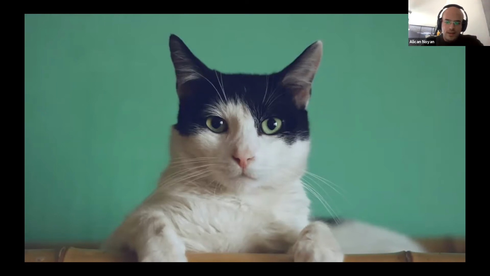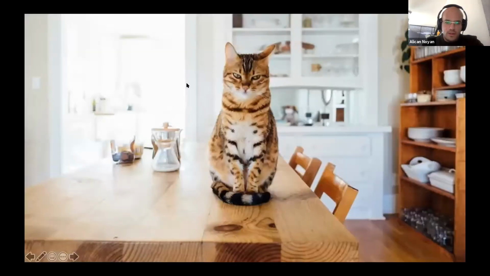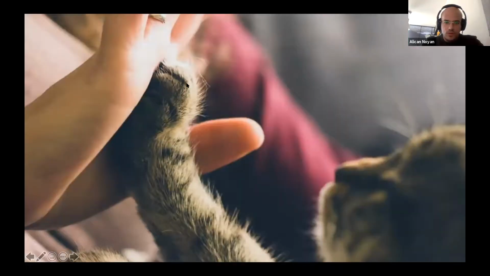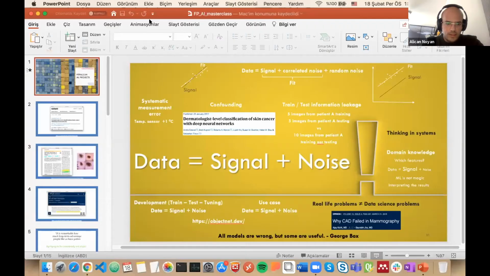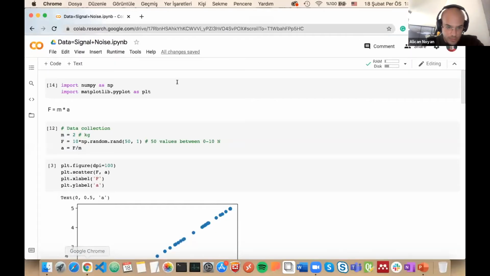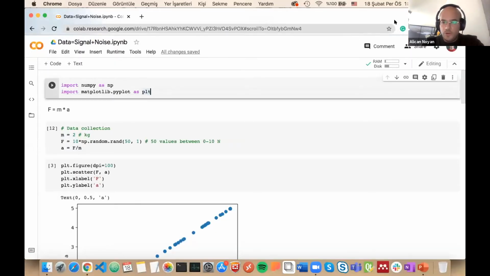So here, I actually want to do one thing. Let me move on to Colab. I want to show you, this is not an abstract concept. I want to show you with code that we can actually do this. We can generate data and see what signal is, what noise is.